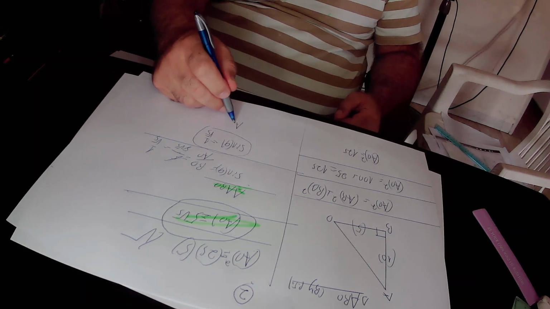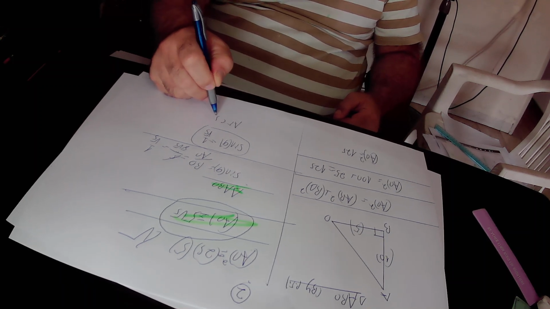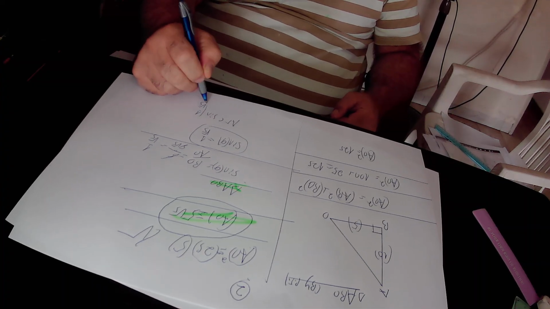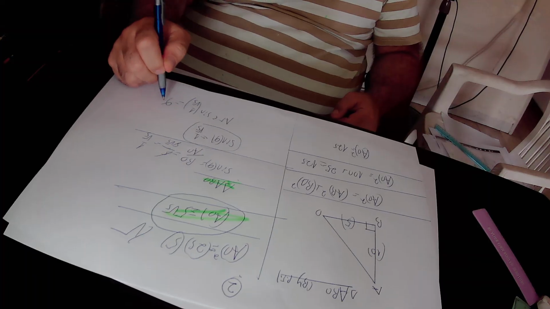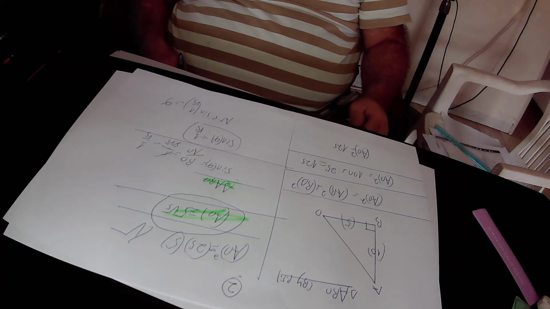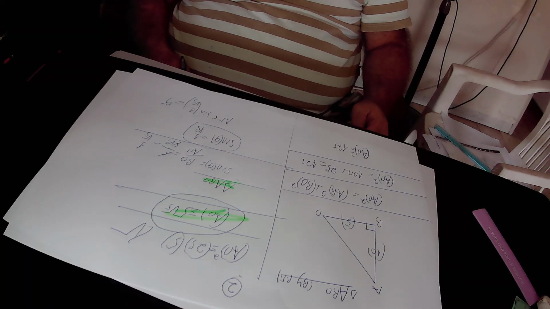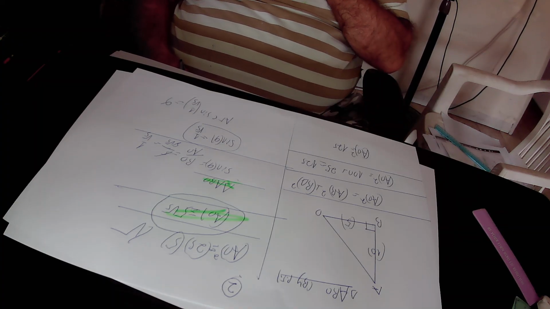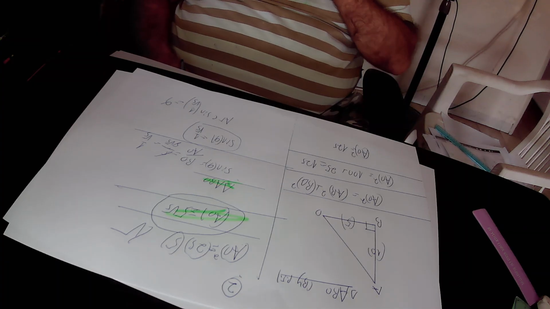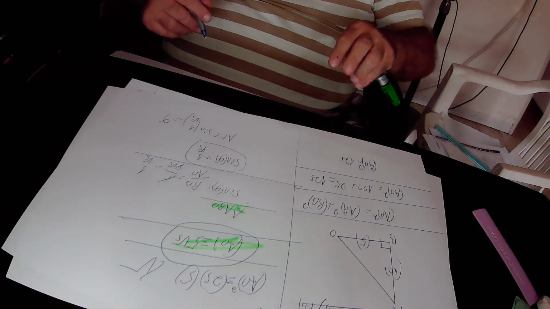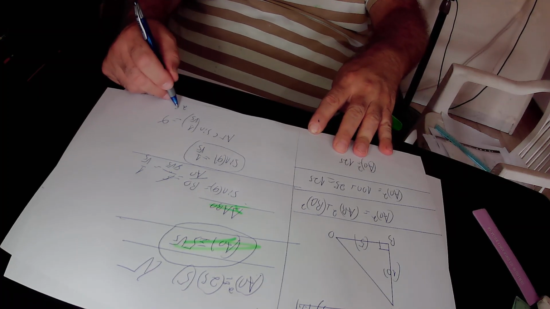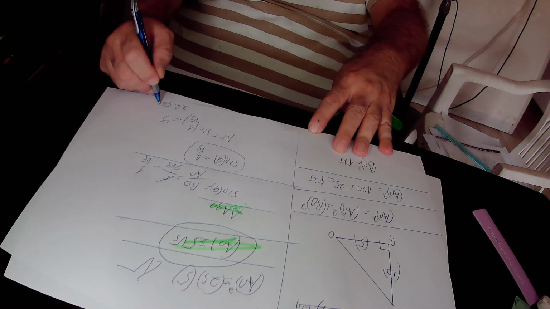So arc sine of 1 over square root of 5 equals alpha, and arc sine of 1 over square root of 5 is equal to 26.565 degrees. And therefore, angle alpha equals 26.565 degrees.